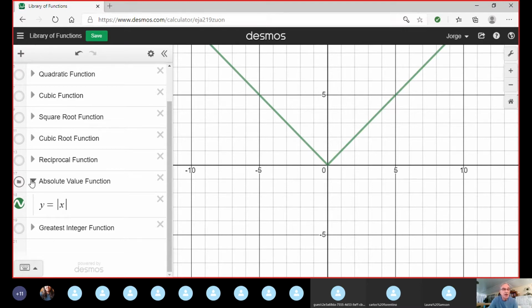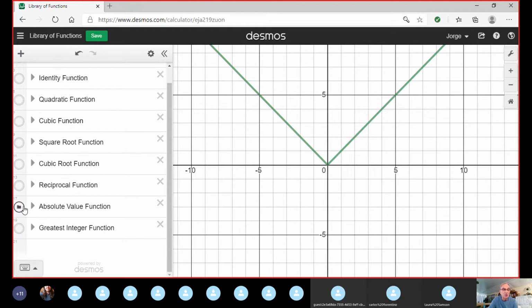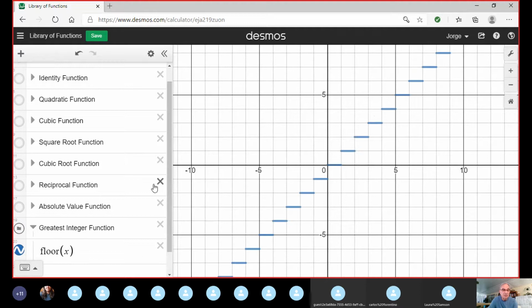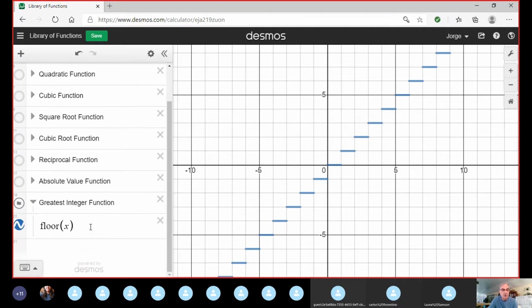Okay? And finally, one function que is a curiosity. I never put in the test something like that because it's very, very complicated. But it's okay. It's the function floor, or there are different names for this function. It is the greatest integer.